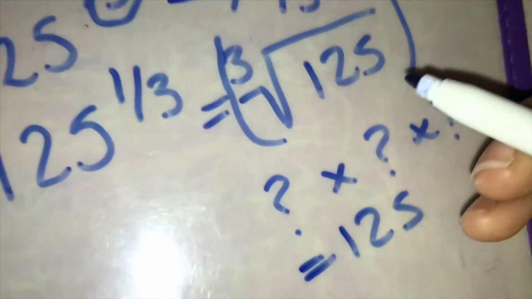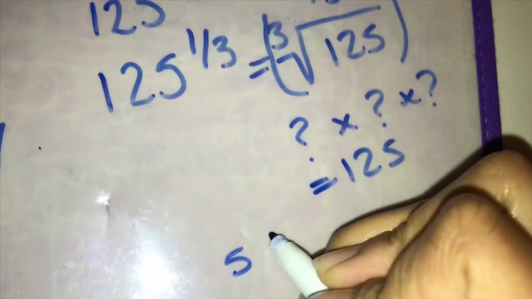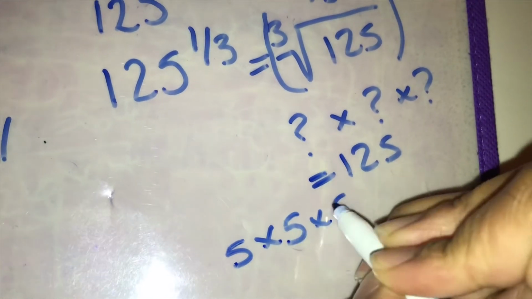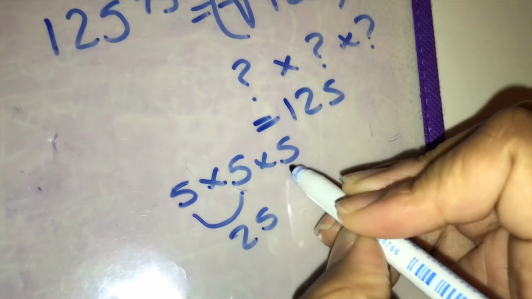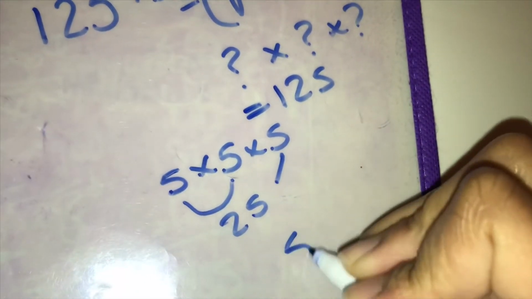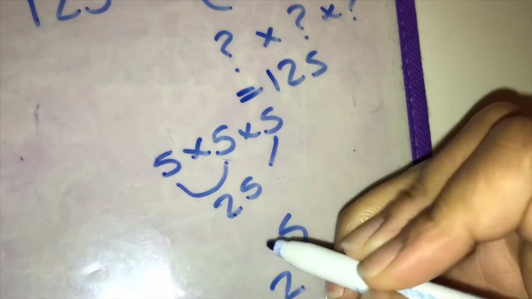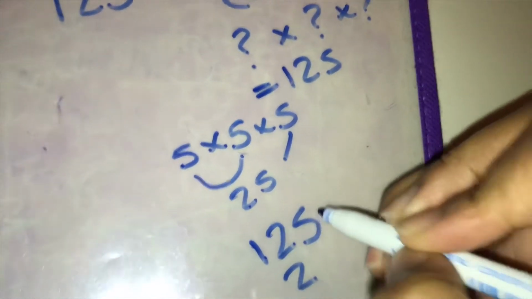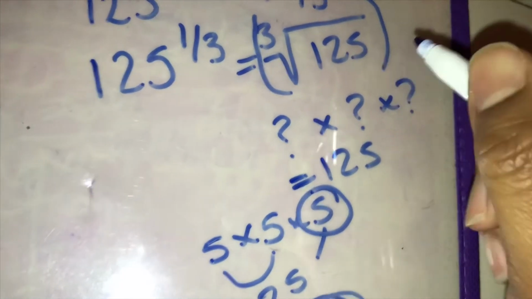So the cube root means something times something times something equals 125. I'm going to go for 5, so 5 times 5 times 5. 5 times 5 is 25, times 5: 5 times 5 is 25, carry the 2, 2 times 5 is 10, carry the 2, it's 12. So 125. So the cube root of 125 is 5.